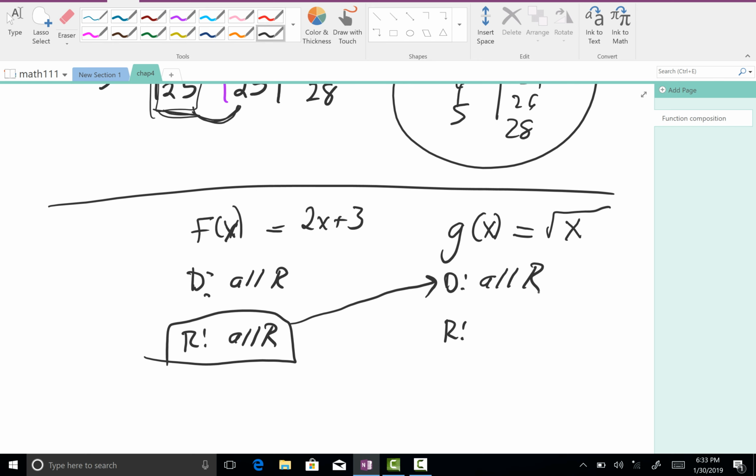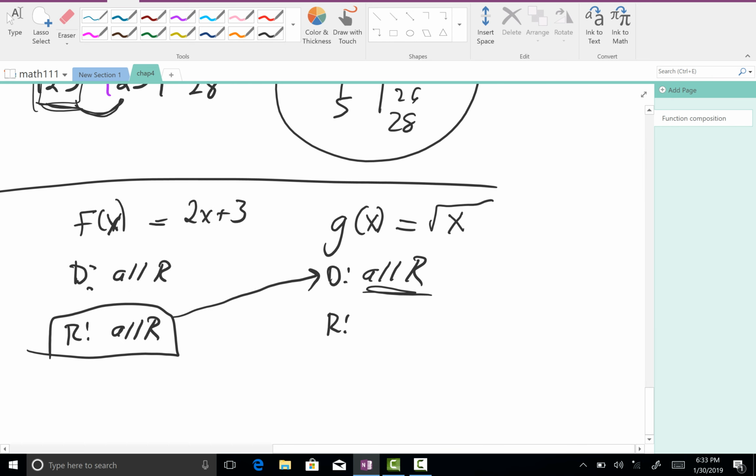What's going on over here? X can't be what? Square root of 0 is okay. What can't x be? Can't be a negative, right? So right now, some of these aren't going to work. So that means that we have to restrict that domain.